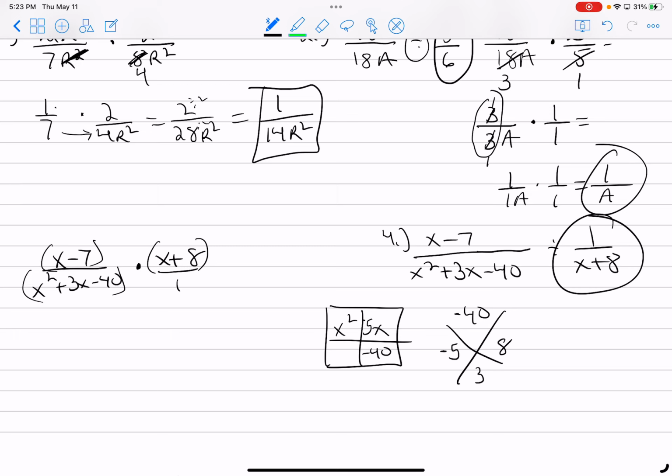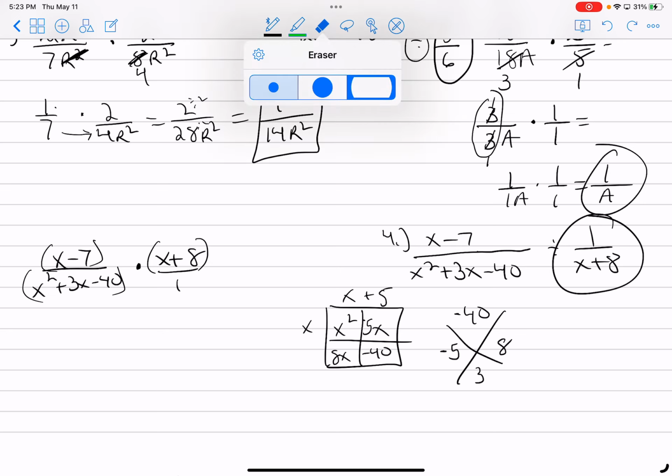5x, negative 8x, x plus 5. Nope. X minus 5, because that was a negative 5. And x plus 8. Oh, look how convenient that is.